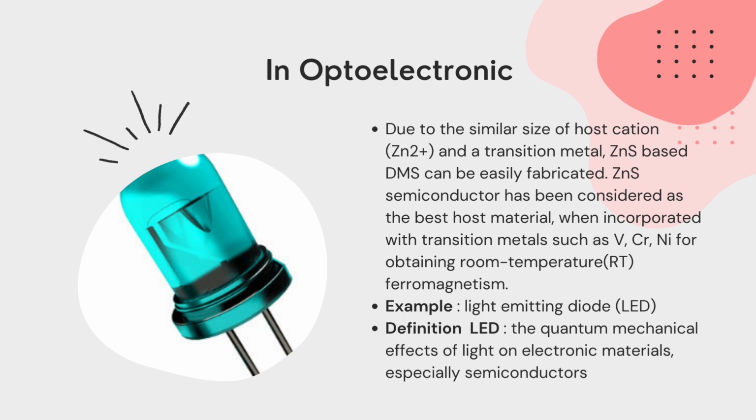Zinc sulfide semiconductor has been considered as the best host material when incorporated with transition metals such as V, Cr, Ni, and many more for obtaining room temperature ferromagnetism. For example, light emitting diode, LED. What is a light emitting diode? A light emitting diode is the quantum mechanical effect of light on electronic materials, especially semiconductors.